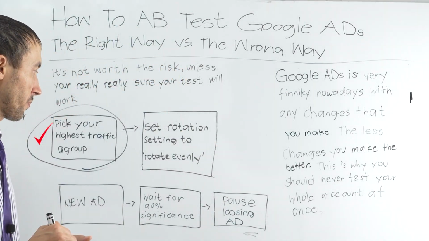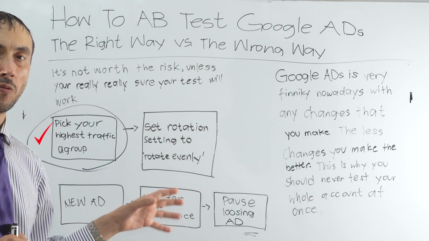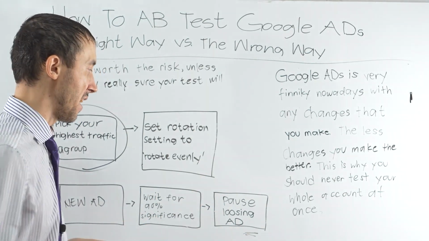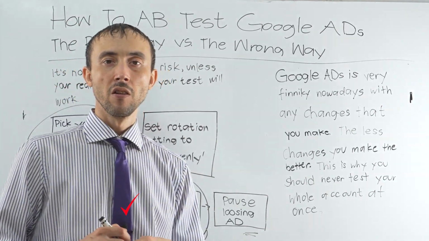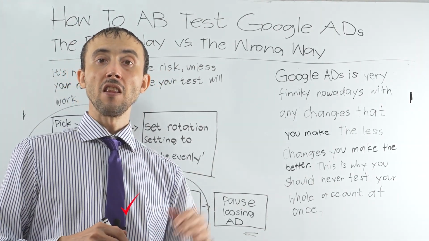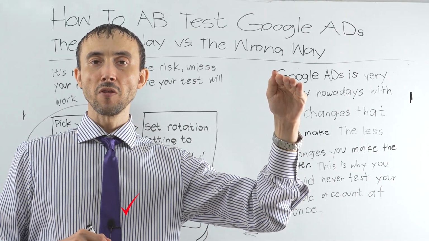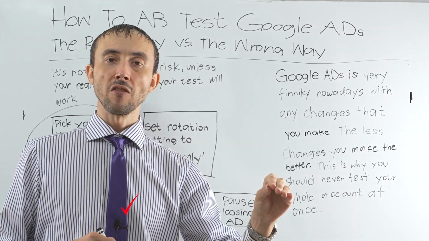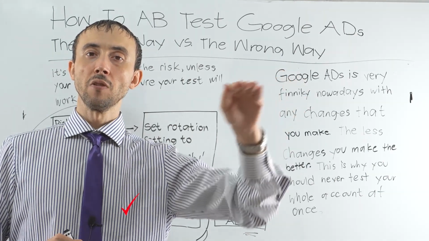So anyway, you create the new ad inside that ad group, and then you wait for 90% statistical significance in your test. There, you can Google statistical significance calculator and put in your amount of clicks your one ad has acquired so far since you started your test, and then your existing ad during the same time frame, and then the number of conversions for each, or the click-through rate for each.